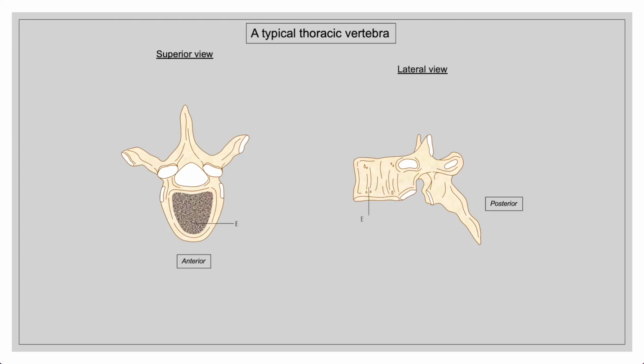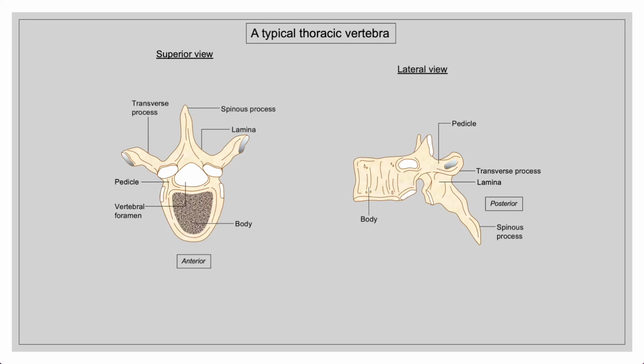So we all know this is the body of the vertebrae. We did it. These are the pedicles. You are smart, you know it. What is that? Laminae. And then the vertebral foramina. This is the spine, spinous process, transverse process, and then these are the facets for what? For the ribs. So facet for tubercle of the rib.